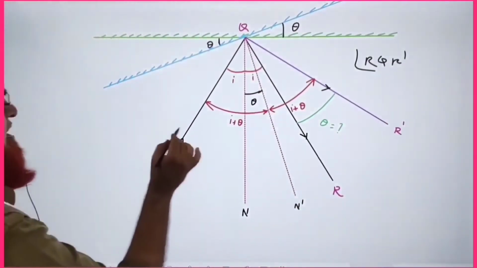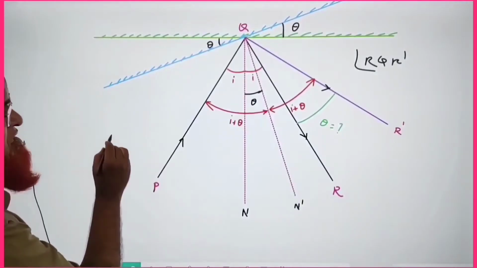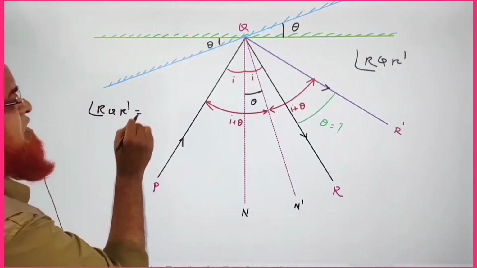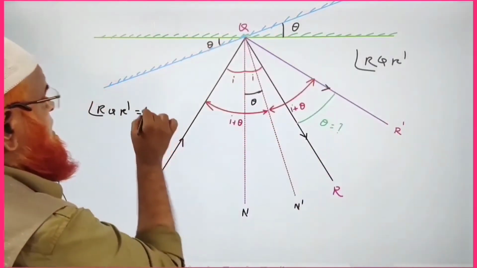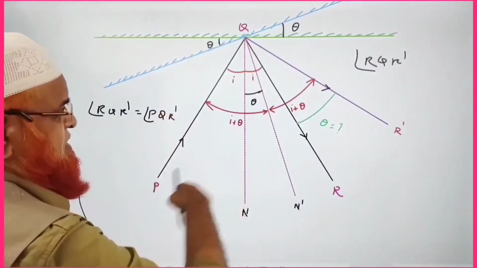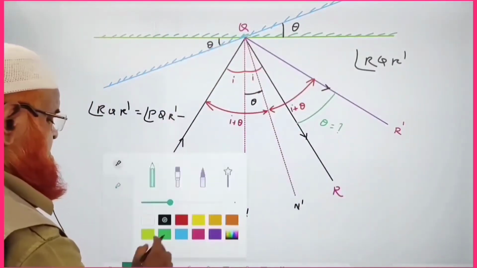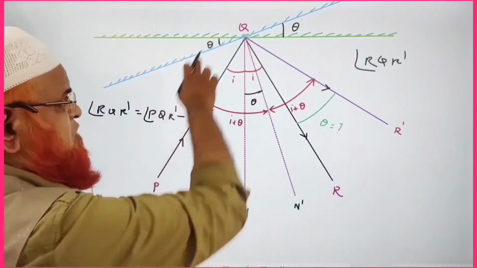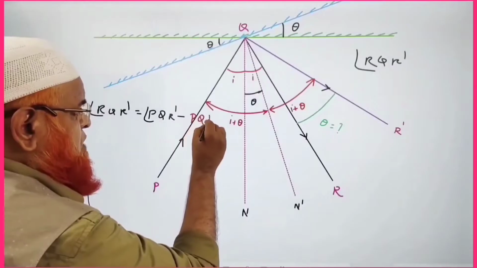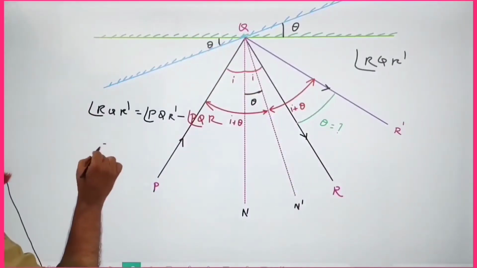What you have to do is take P Q R dash, and from this P Q R dash, you have to subtract this angle P Q R. Then what happens? Let us see here.